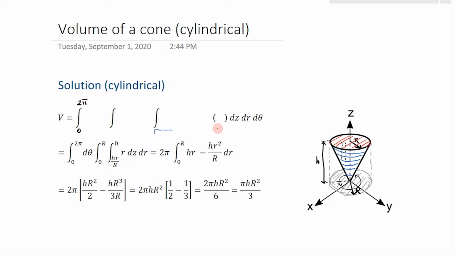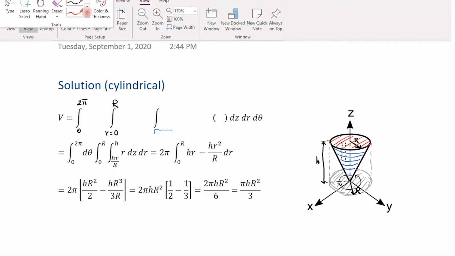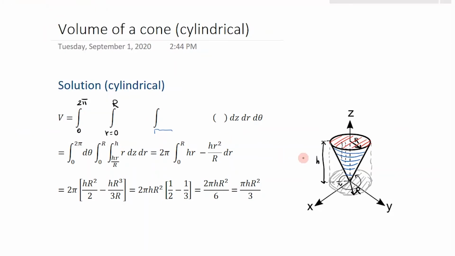The bounds on r are going to be from 0 to capital R, and the bounds on z are going to be from this one, z equals k root x, well, sorry, we're doing cylindrical, so kr, where k is the ratio of height to radius.